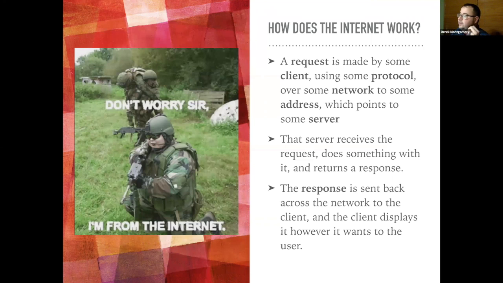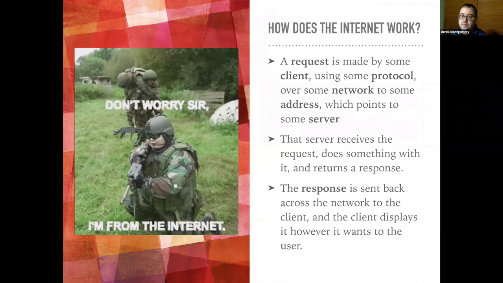Step two is that the server receives the request and does something with it. It could do a whole lot of things with it. Step three is it returns a response. The response is sent back across the network to the client, and the client displays it however it wants to the user.